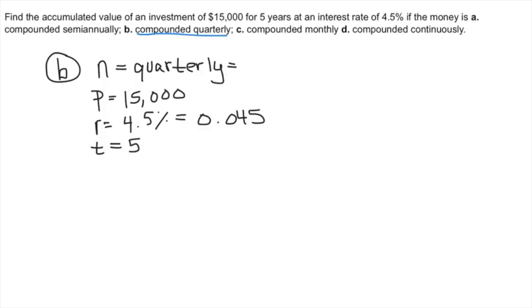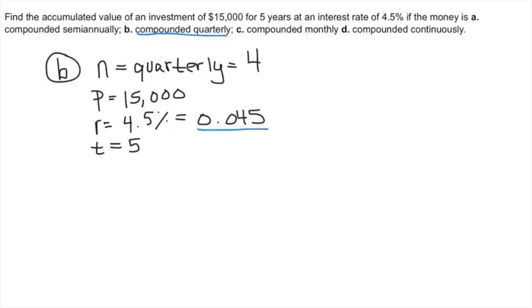So quarterly means 4 times a year. Therefore, our N in this case will be 4. All the other values stay the same. So our principal is $15,000. R, which is the interest rate, is 4.5%, but remember we need to divide by 100 to convert it to a decimal.